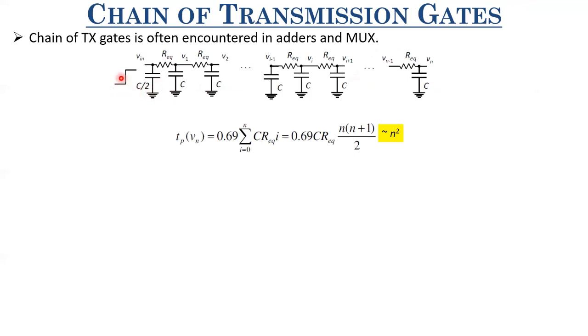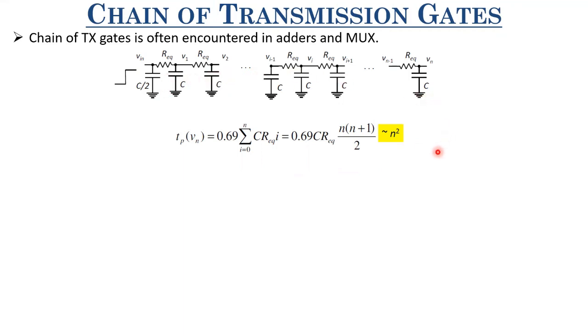Let's say we are applying a step input at this, and then we are finding the delay at this output Vn. So we'll use the Elmore delay approximation, and that gives the delay as 0.69 C R equivalent n into n plus 1 by 2. That is, your delay is actually proportional to n square, where n is the number of transmission gate stages.